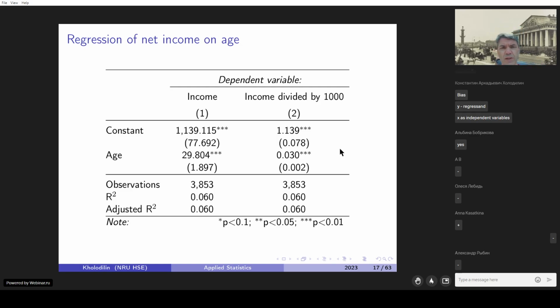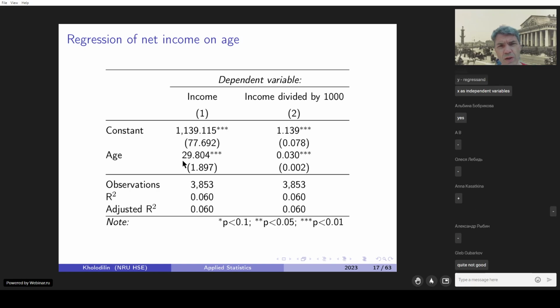Regardless of which regression we look at, this one or another one, not good. In other words, bad. Why is it bad? Because this model explains only 6% of the total variation, and it's very little.